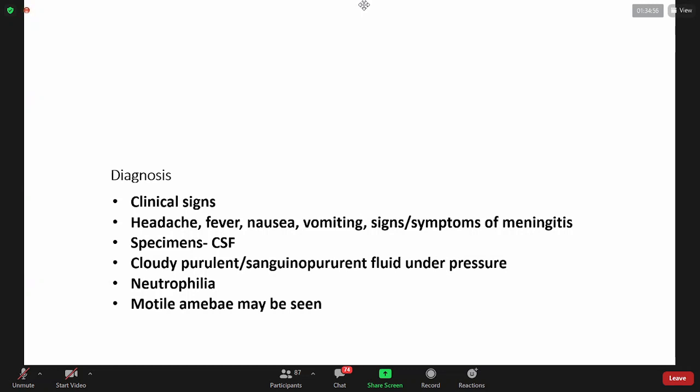So the specimens include the cerebrospinal fluid, and when this is tapped, a cloudy, purulent fluid, sometimes containing blood, is observed, which is usually under pressure, and there is a lot of neutrophilia, or neutrophils are predominant in this fluid. The motile amoeba may also be seen.